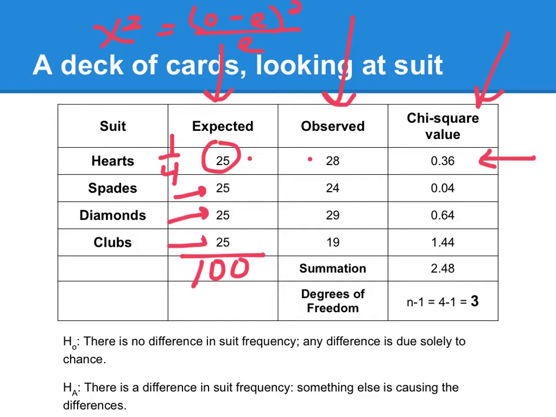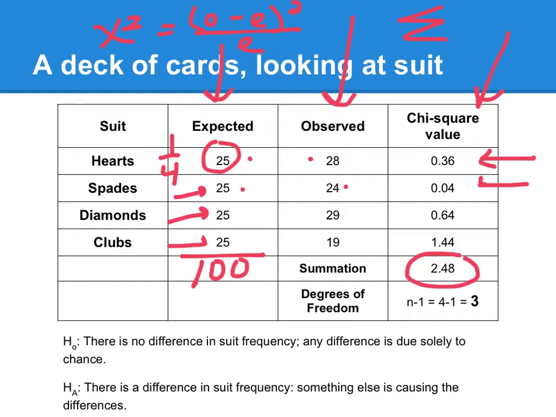The same thing here: observed 24 minus 25 is -1, squared is positive 1, divided by 25 is 0.04. I've done that for all of the suits. So I've got chi-square values of 0.36, 0.04, 0.64, and 1.44. And like I said, the chi-square value is a summation. That means I take all of my single chi-square values and add them together. So the summation of my chi-square values is 2.48.